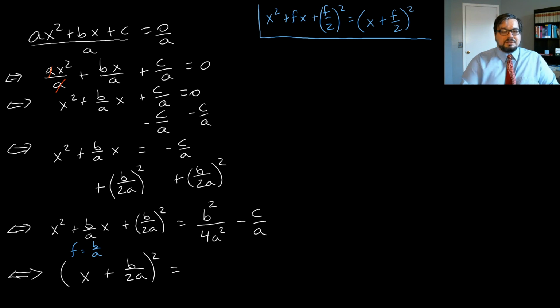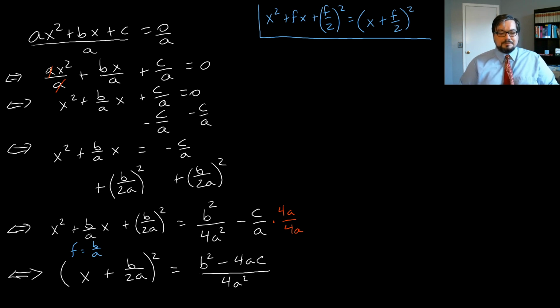I'm also going to combine the two fractions on the right together by multiplying the c over a fraction by 4a over 4a to give it a denominator of 4a squared. So the right-hand side will become b squared minus 4ac all over 4a squared. And now we are getting close.